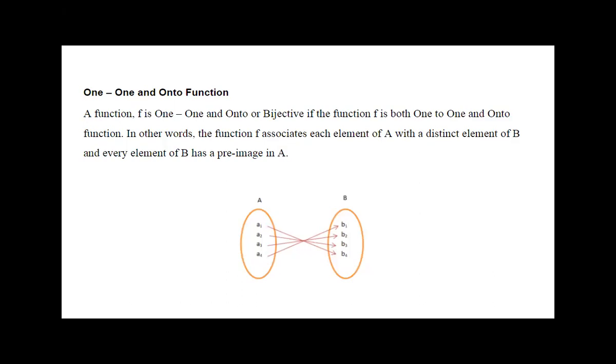A1 will be assigned to one of them. Same case with A2, A3 and A4. So the functions which are both one to one and onto will be known as one to one and onto function.